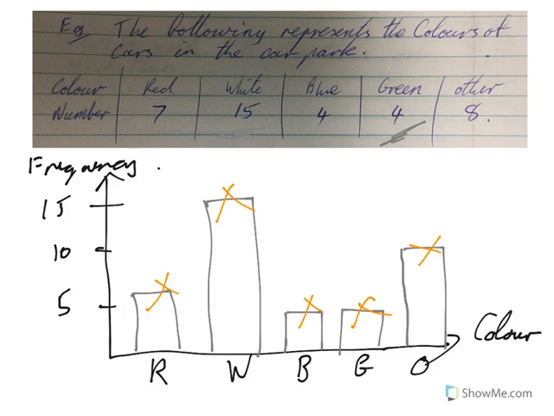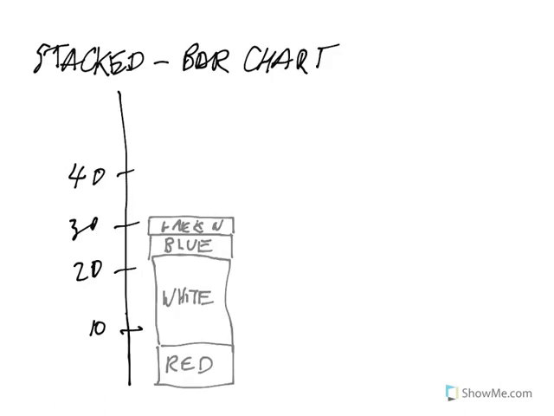And then the last one, others, 8, and so we go up to 38. So it's a stacked bar chart, and often they'll be colour coded and look all nice and pretty and all the rest of it. You should draw them with a ruler rather than being rough like me, but you get the idea.